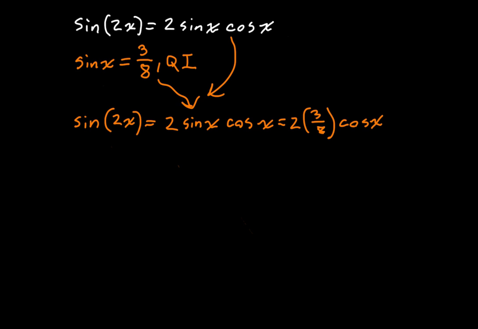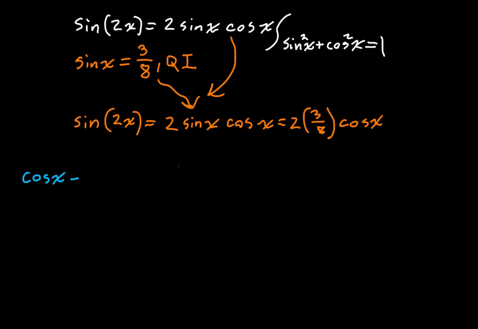Now this is still pretty straightforward. If you look back to our Pythagorean identities, you will recognize that sine squared of x plus cosine squared of x is equal to 1. So using that, let's go down here and use that to find cosine of x.